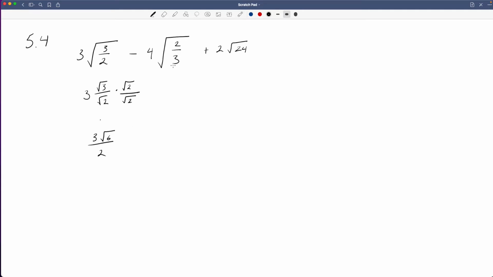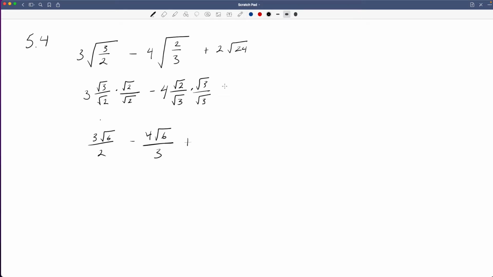We're going to do the same thing here. We have 4 times the square root of 2 over the square root of 3. And we're going to multiply times the denominator on the top and the bottom. So that's going to give us 4 times the square root of 6 over 3.